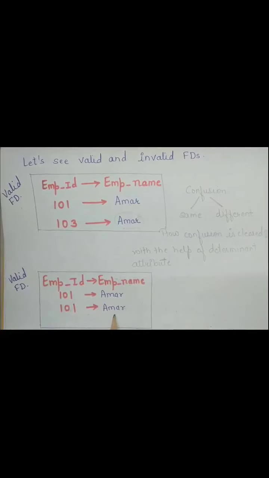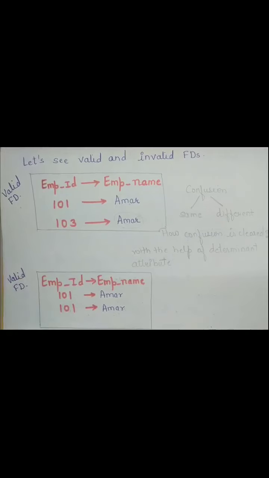So basically here there might be a scenario that the data might have been mistakenly written twice. But the thing is, 101 is uniquely identifying Amar. Again 101 is uniquely identifying Amar. So this is a valid functional dependency.